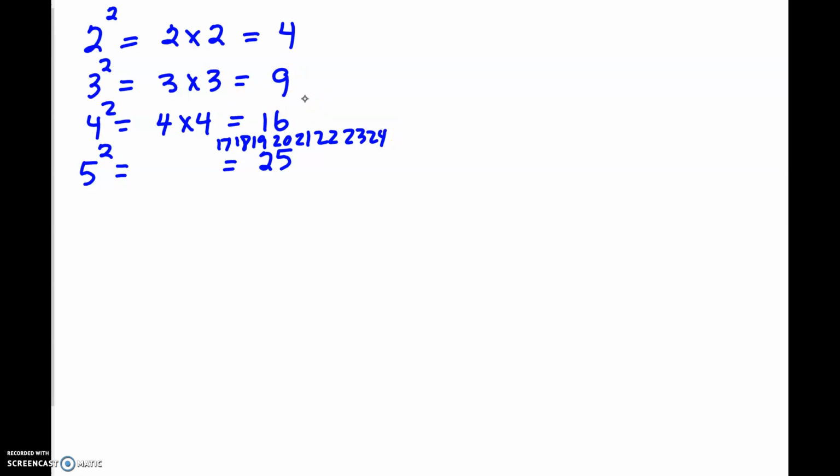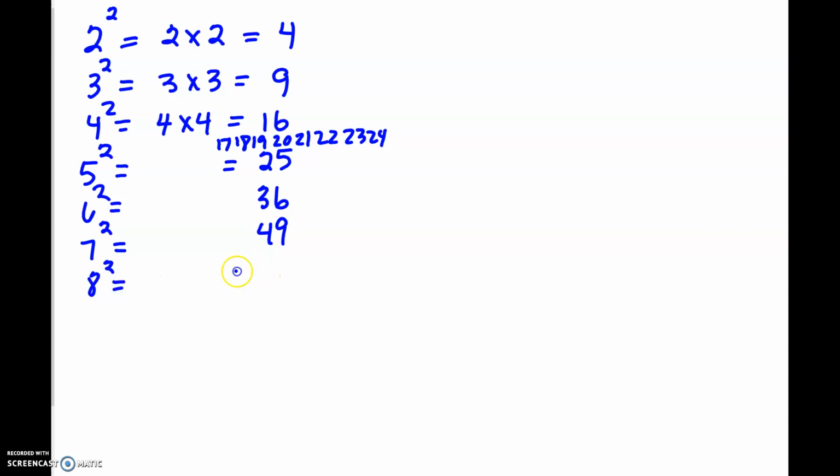Our perfect squares are 4, 9, 16, 25. 6 squared is 36, so anything between 25 and 36 is not a perfect square. 7 squared is 49. And really, you should have this list, or maybe you know what these numbers are in your head. But if you don't, you should write them down to have a resource to go back and look at.